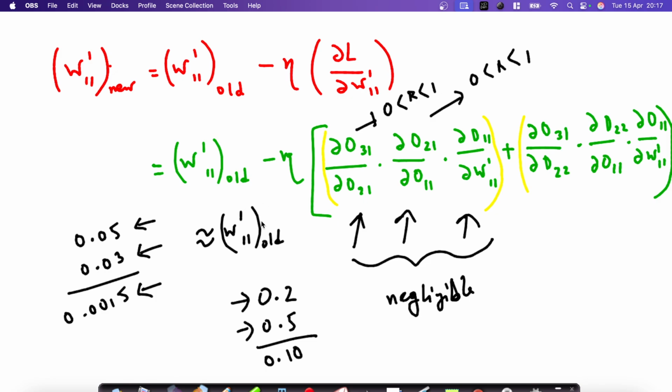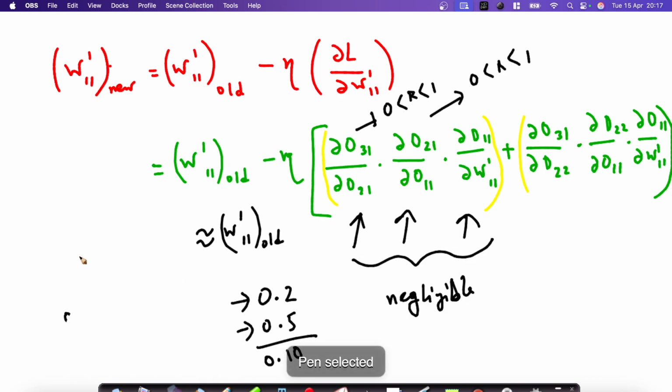We'll get a very similar value because these values will be very negligible, right? So what will happen as a result? This W new will be very similar to W11 old.